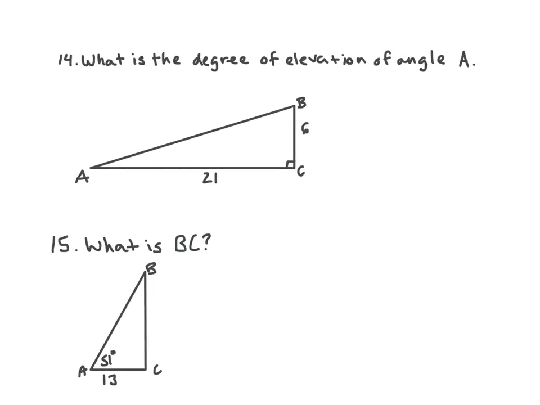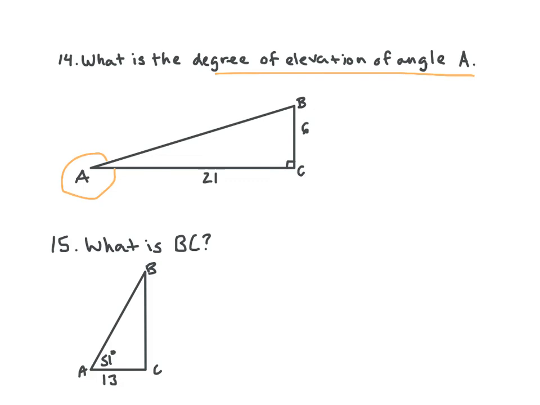14. What is the degree of elevation of angle A? So again, it's asking for the degree of angle A. So we have to find the measure of the angle. What do we have to do when we're finding the measure of an angle?